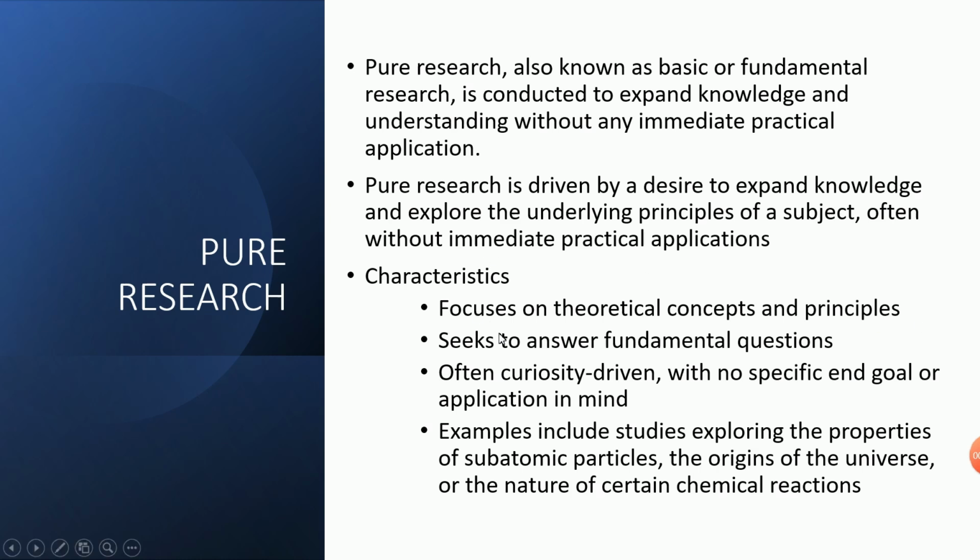So what are the characteristics? It focuses on theoretical concepts and principles, seeks to answer fundamental questions, often curiosity driven with no specific end goal or application in mind. Examples are studies exploring the properties of subatomic particles, the origins of the universe, or the nature of certain chemical reactions. So these are pure research.